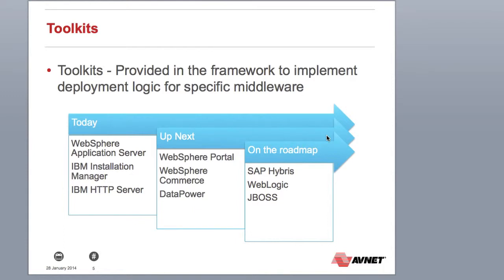And then we have other longer term roadmap plans such as SAP Hybris, WebLogic, and JBoss. And again, toolkits provide to the framework the middleware specific logic. So those are going to be activities that know how to manage each piece of middleware in a middleware specific way, and also the configuration that is used by the web app.